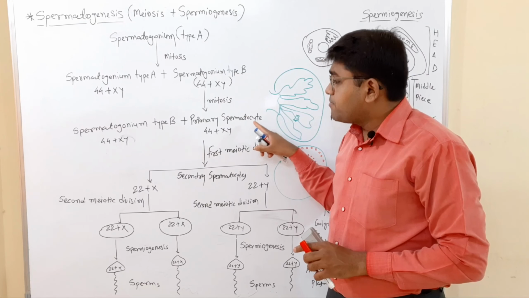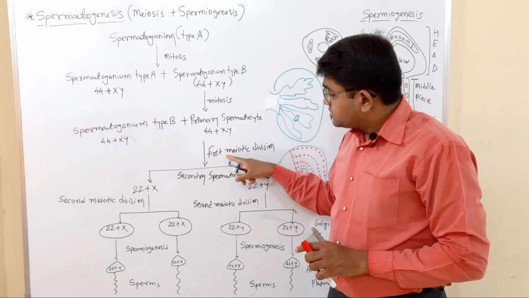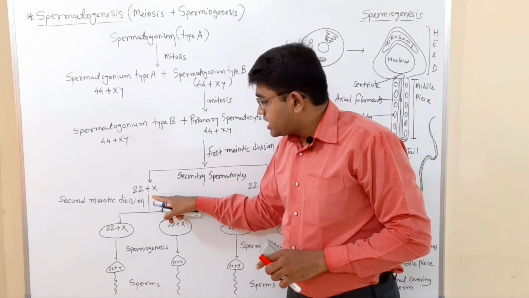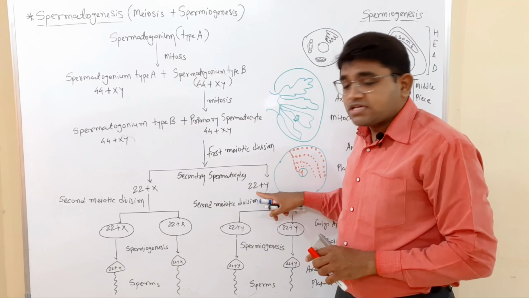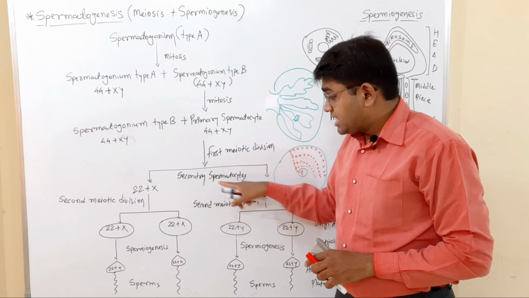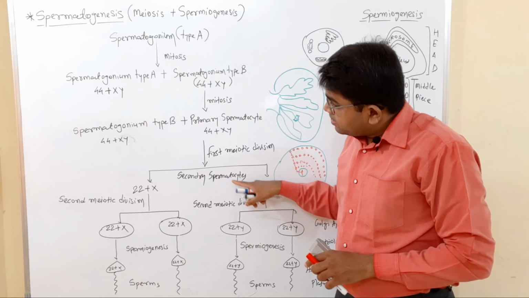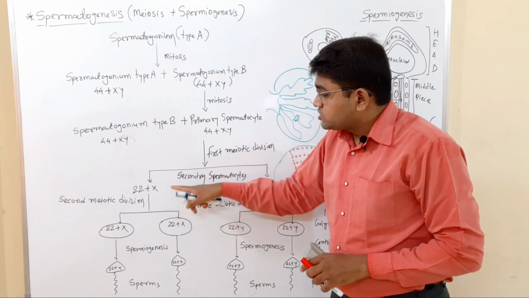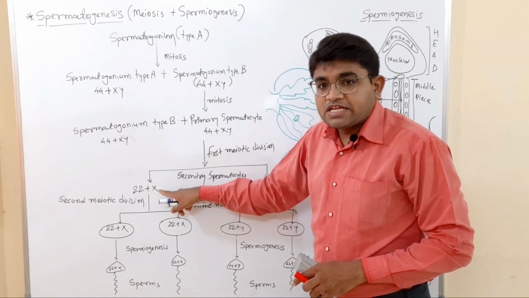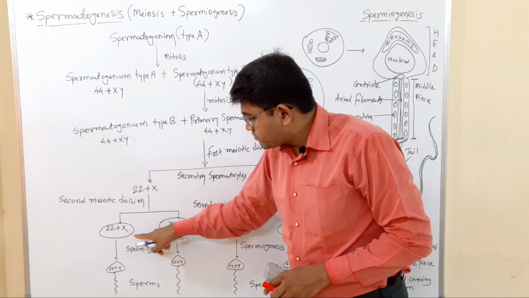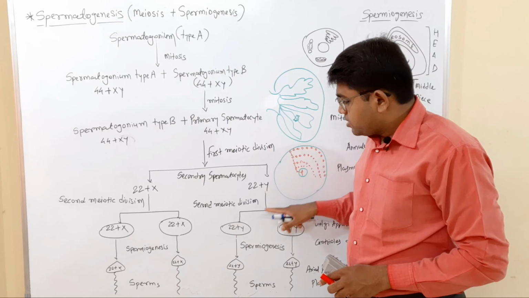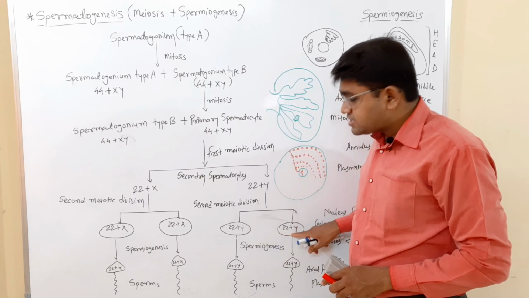This primary spermatocyte undergoes the first meiotic division and forms two cells, 22 plus X and 22 plus Y. These two cells are known as secondary spermatocytes. The secondary spermatocytes start the second meiotic division. From the 22 plus X cell, two cells form, 22 plus X and 22 plus X, and from the 22 plus Y cell, two cells are formed, 22 plus Y and 22 plus Y.